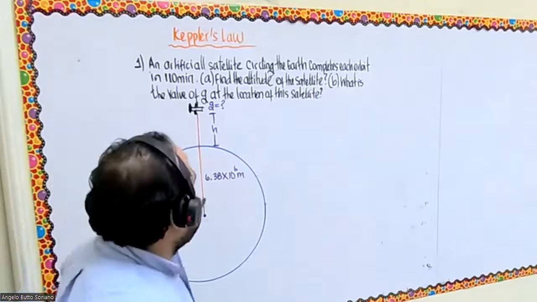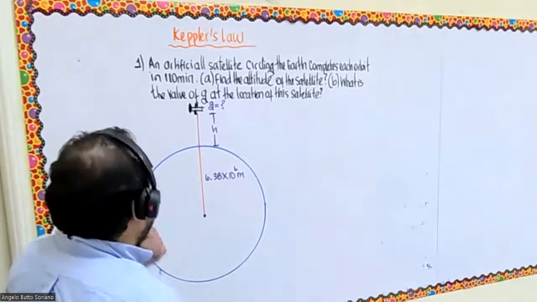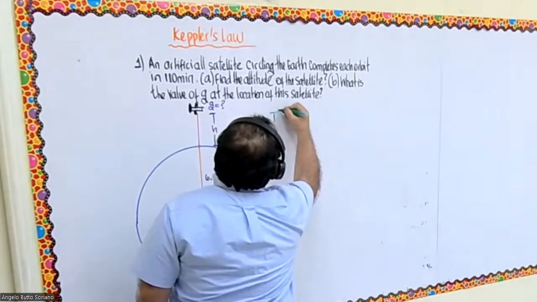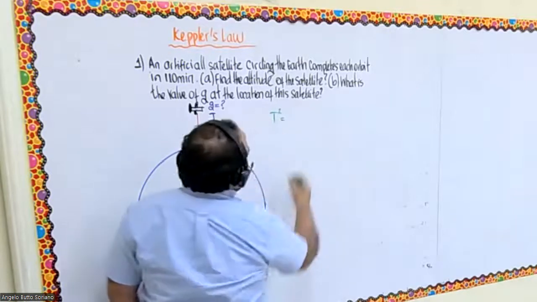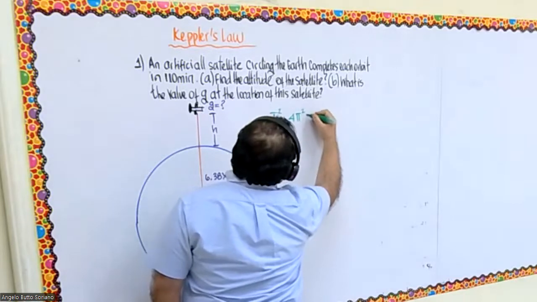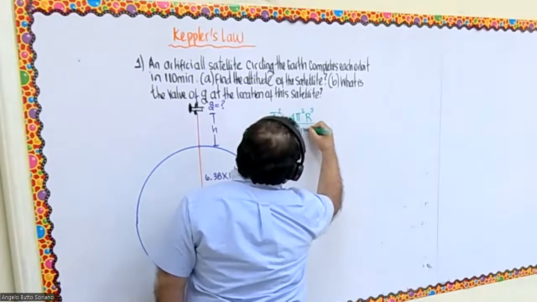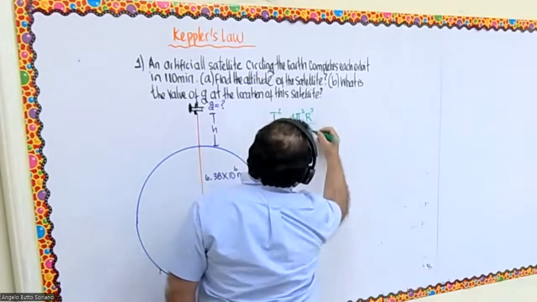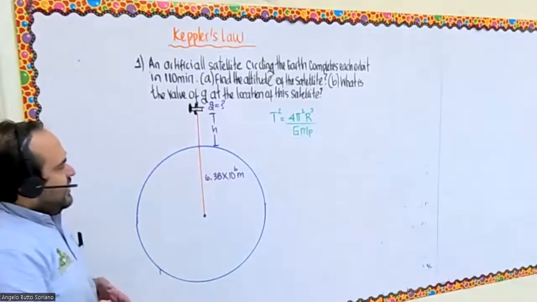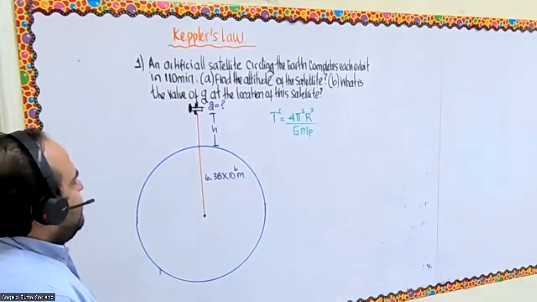So what are we going to do? Simple. The first thing we must do is use the period of time. Remember, the period T squared is given by the formula 4 pi squared r cubed divided by the universal gravitational constant G times the mass of the planet. This is the gravitational formula.